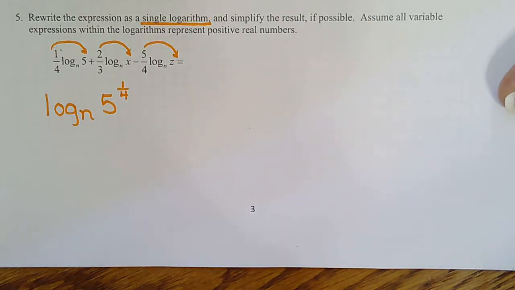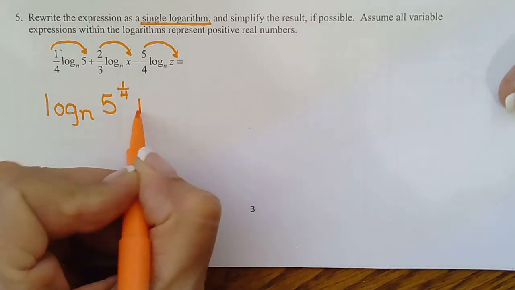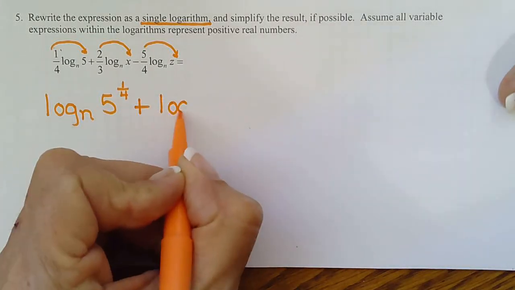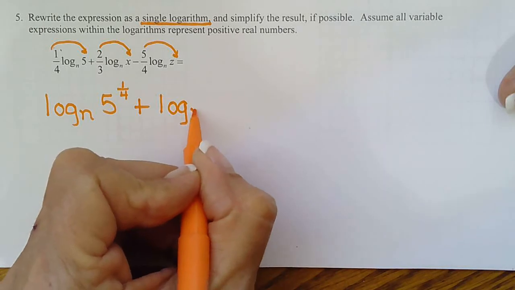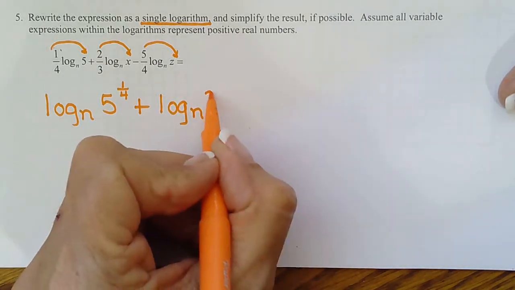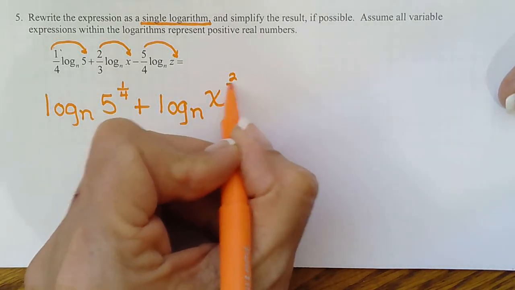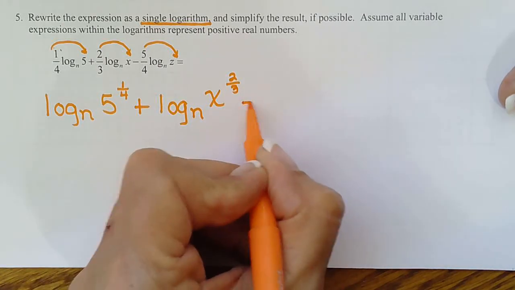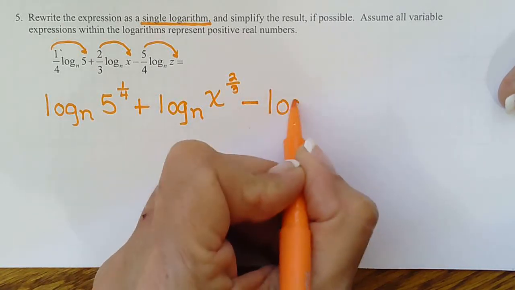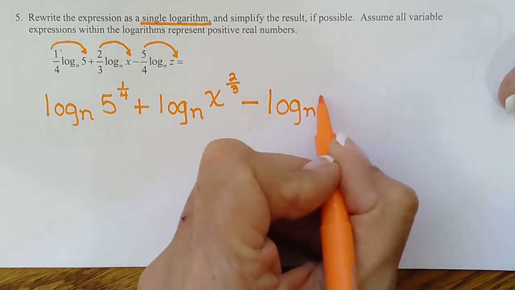That means they're all going to turn into radicals on the next step. Plus log base n of x to the 2/3, minus log base n of z to the 5/4.